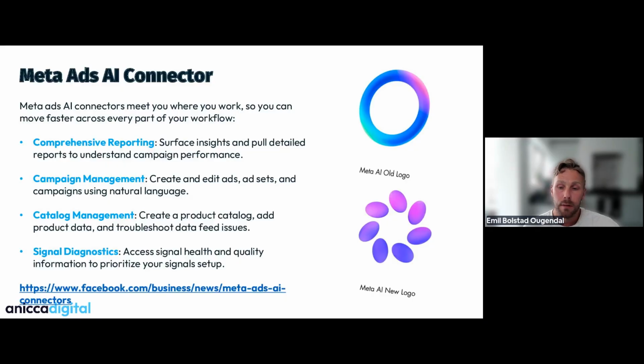However, they have worked on that now, and there's now something called Meta Ads AI connector. Essentially, the connectors allow you to connect your AI to Meta, so you can streamline a bunch of things like reporting and campaign management. You can give a lot more information to the platform, and you can analyze and evaluate it in a much more effective way.